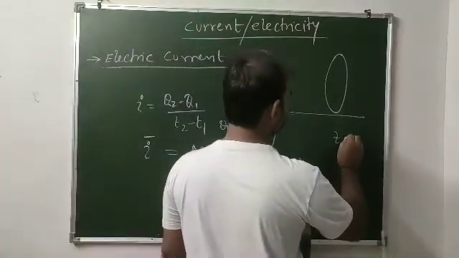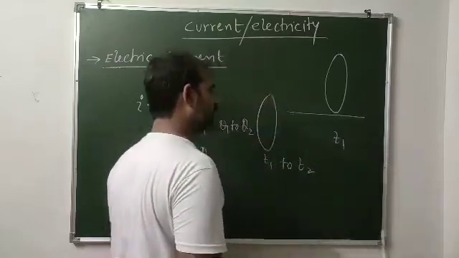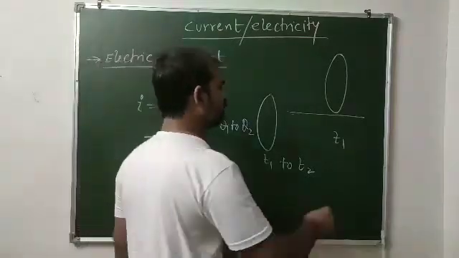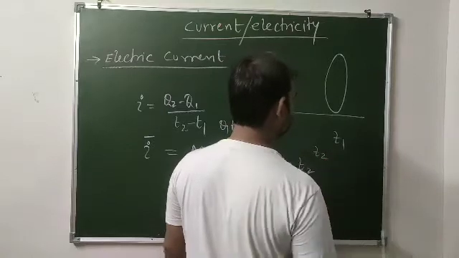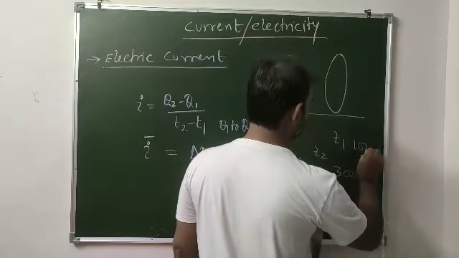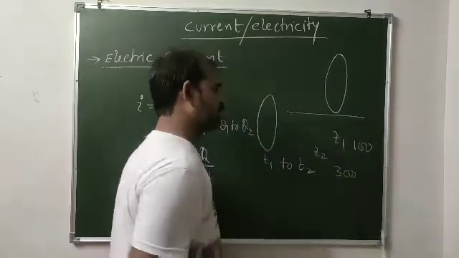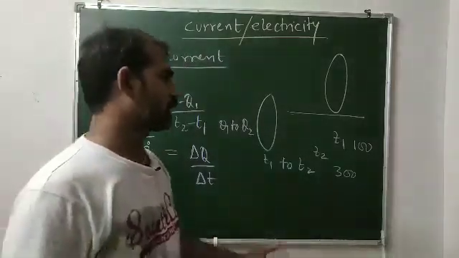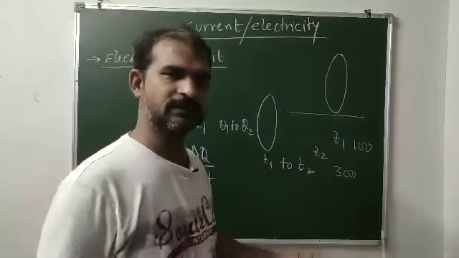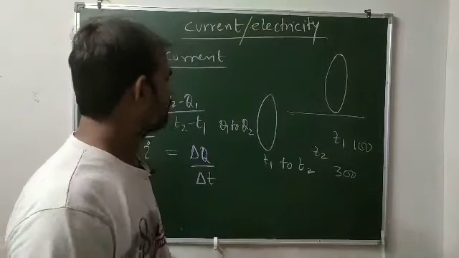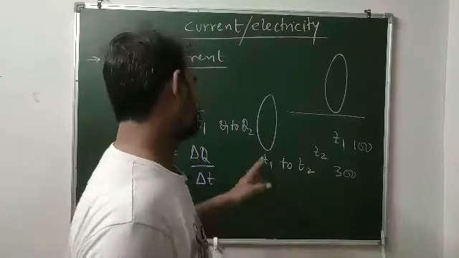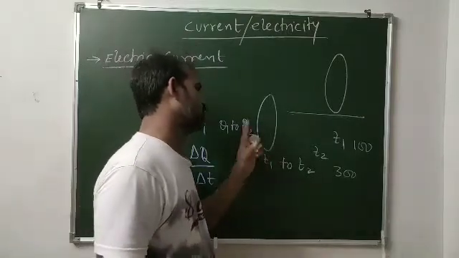Suppose in time T1, 100 persons have passed, and in time T2, 300 persons have passed. So in between time T1 and T2, how many persons have passed? 200 persons have passed. In the same way, at time T1 charge Q1 has passed, at time T2 charge Q2 has passed.